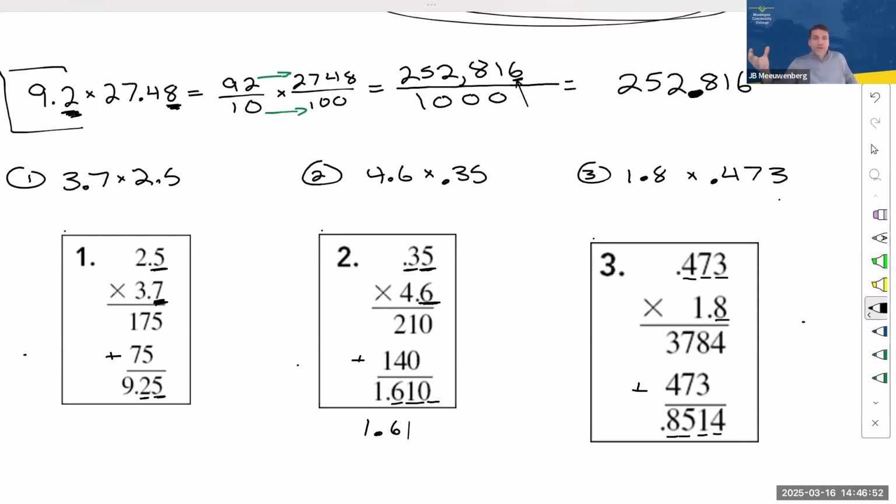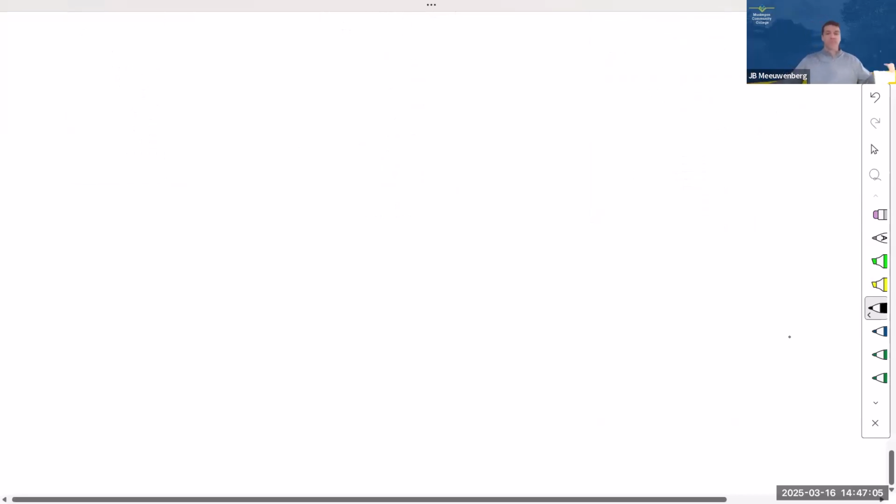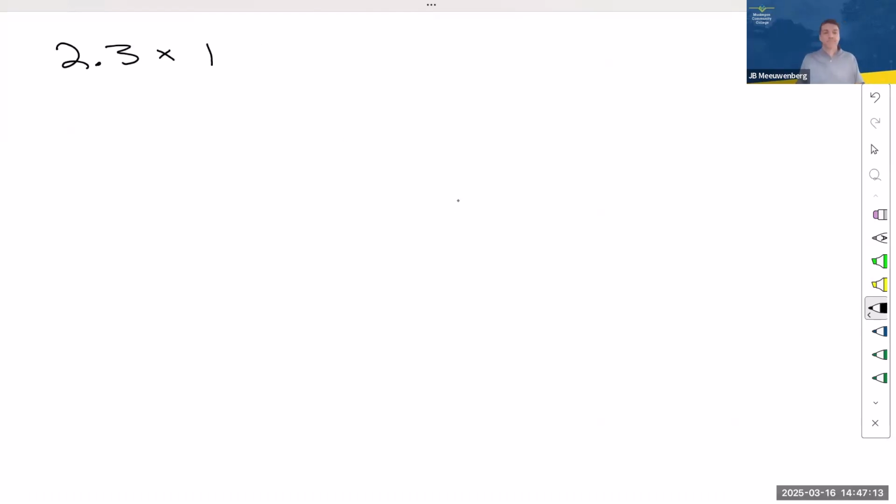So we're going to move on now to different multiplication models. What are these going to look like? How can we visualize them? We saw that earlier with our base 10 grid. We're going to come back to these. And so we're going to examine this problem next: 2.3 times 1.7.